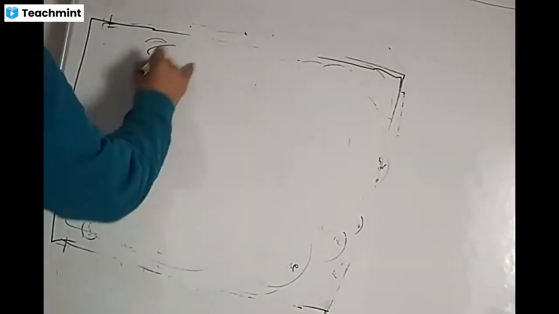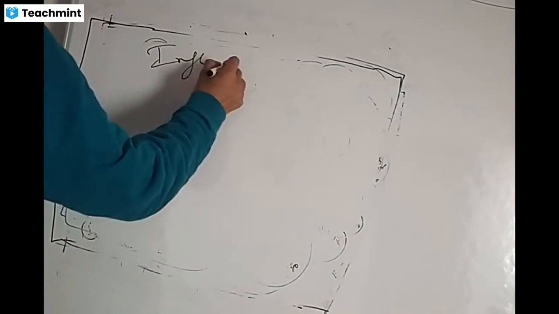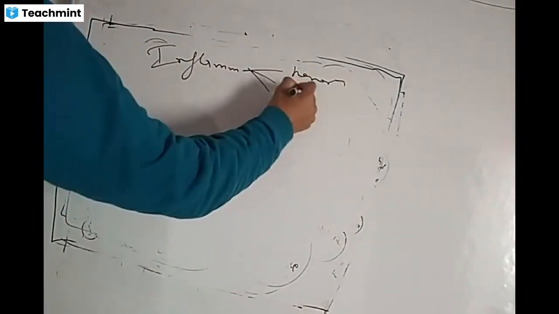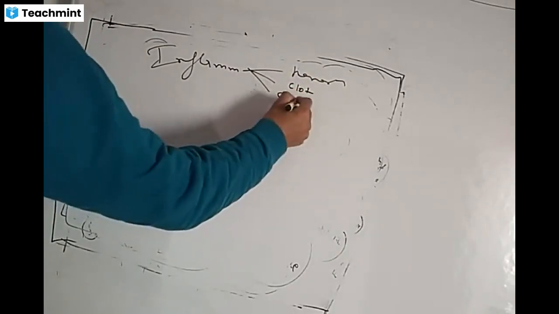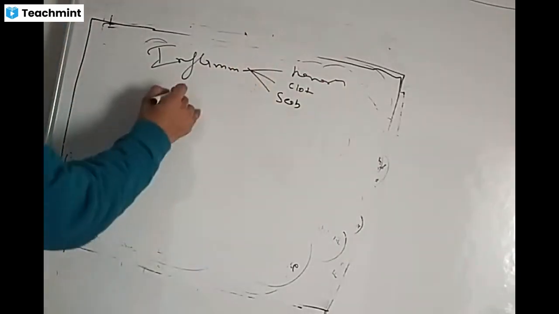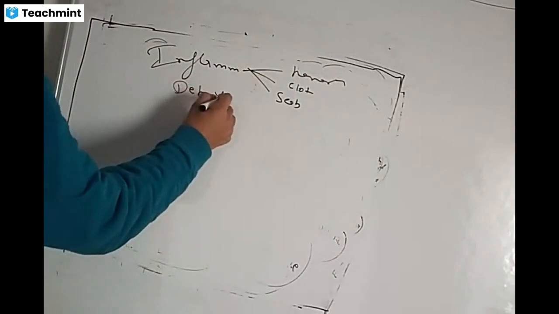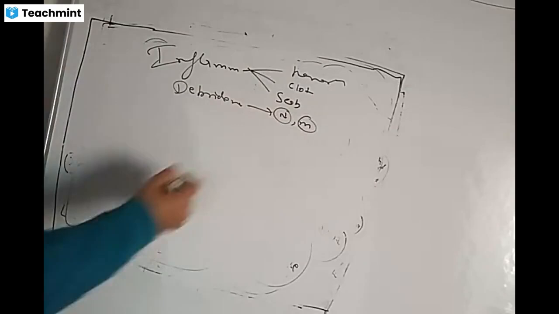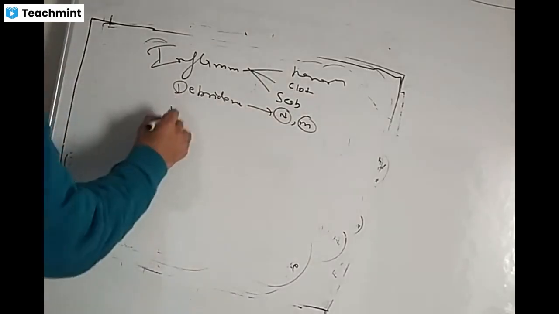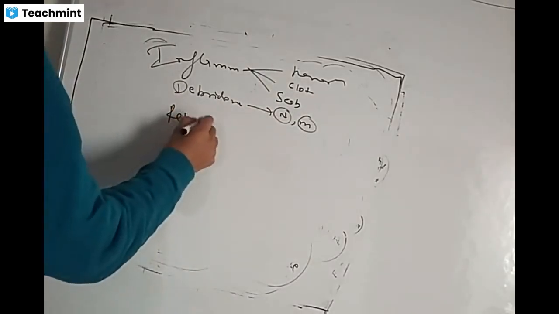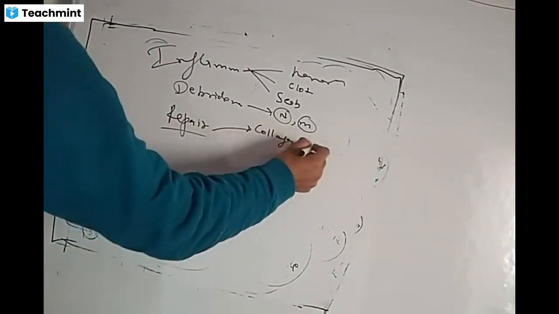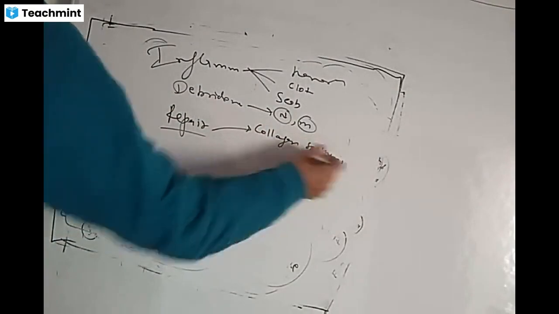So the first phase where we started was inflammatory. 3 steps I explained: hemorrhage, bleeding, clot formation, and scab formation. Second was debridement, removal of debris by neutrophil and monocyte, that is macrophages. Third phase was repair, the real phase. First was collagen synthesis by fibroblast.